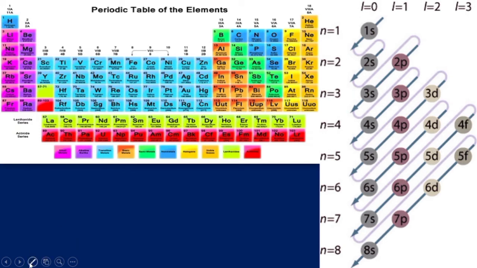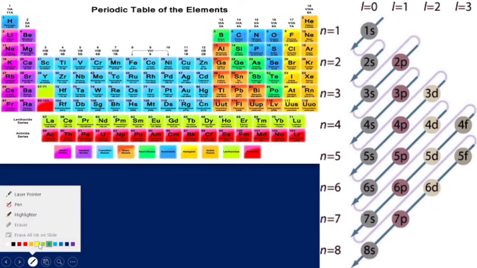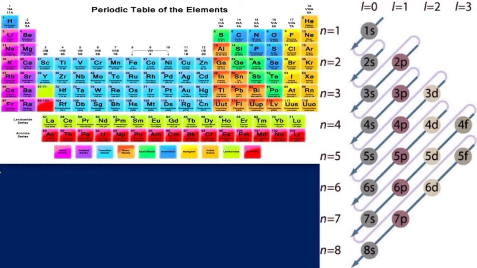Let's take into consideration potassium. Potassium, a while ago, has 19 electrons.